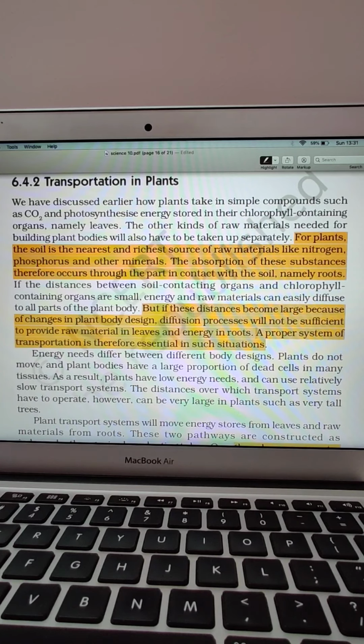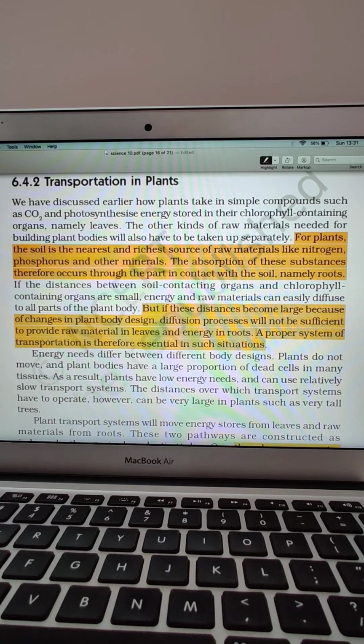The plants require raw materials, which they obtain from the soil: nitrogen, phosphorus, calcium, magnesium, and other mineral ions, which are essential for the growth and development of the plant body. All these raw materials are absorbed from the soil with the help of roots, which are in contact with the soil.